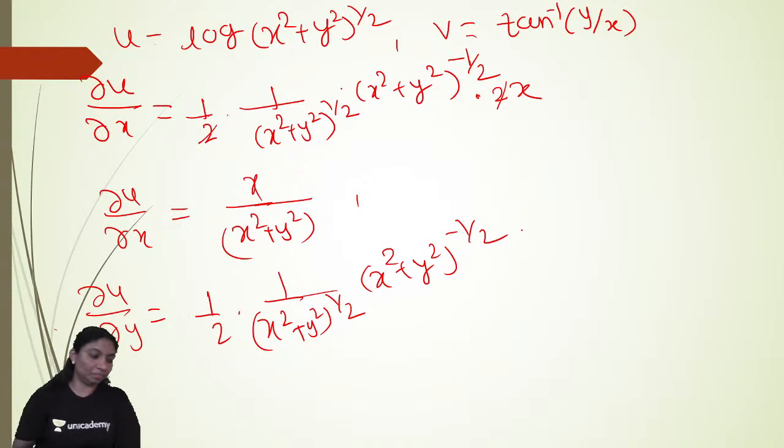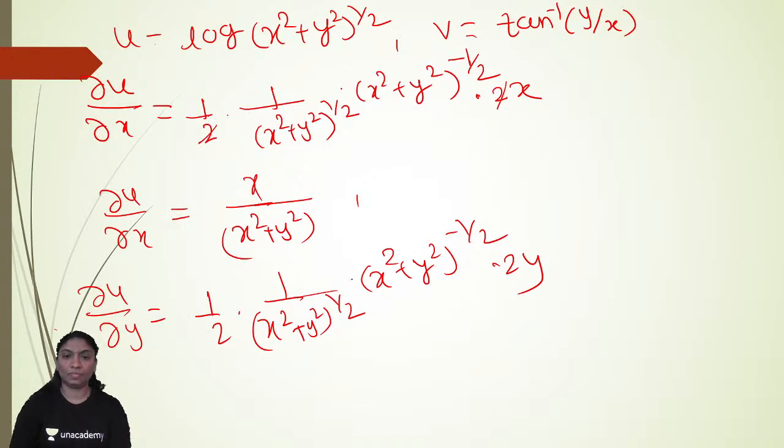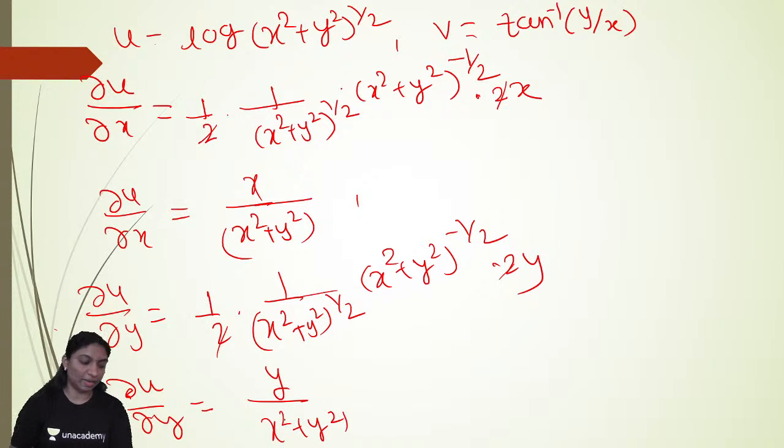Now you will get 2y, and the 2 gets cancelled out. So ultimately ∂u/∂y is equal to y upon x square plus y square. This is your ∂u/∂x and this is your ∂u/∂y.